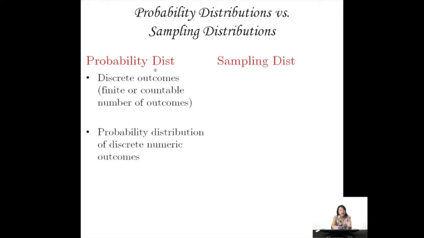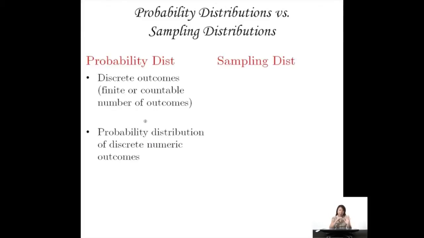They're discrete, they're finite, they're countable, no problem. And in probability distributions, what we're looking for is the probabilities of those discrete outcomes, right? So we get a list of all these probabilities. And we could actually make a list because it's a finite number.